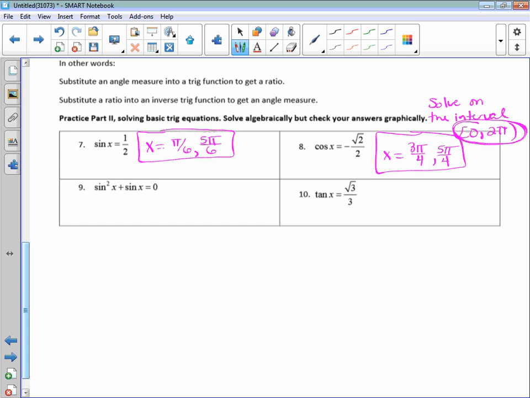Okay, let's do 9. What do you think I need to do first before I can solve this? Okay, lots of options there. Okay. Try factoring first, and then you can set your factors equal to 0.